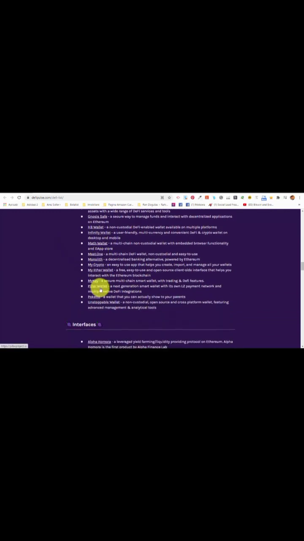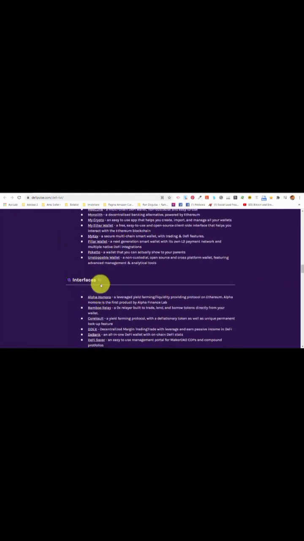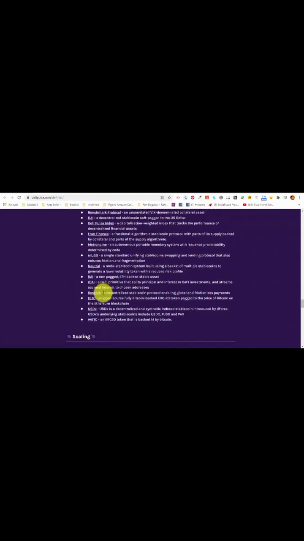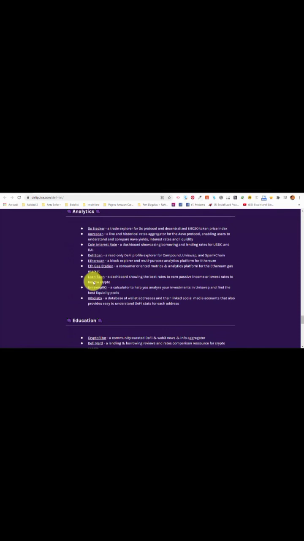Then let's scroll down a little bit: payments, wallets, interfaces. Okay, you can see there are decentralized finance projects to solve a lot of types of problems.